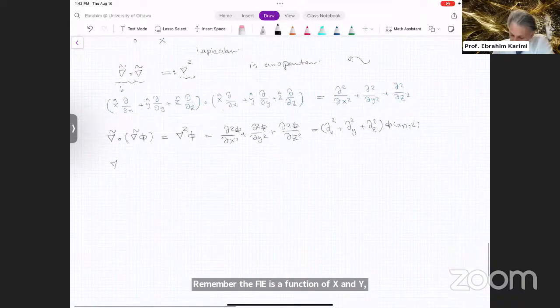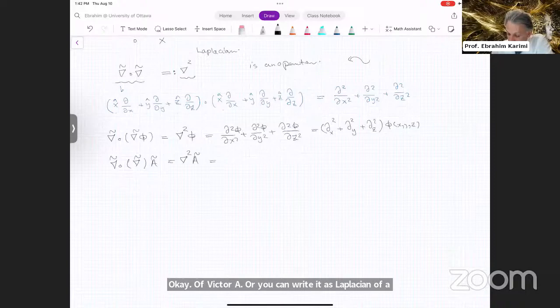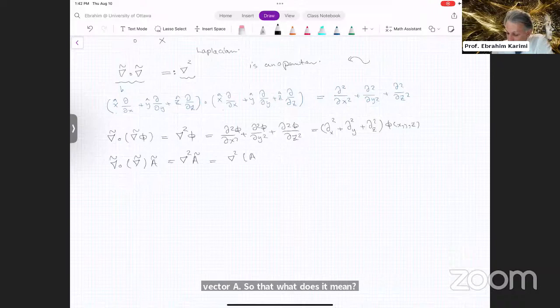Or maybe that is acting on a vector, okay, of vector A. Or you can write it as the Laplacian of a vector A. So what does it mean? Then you have the Laplacian acting on AX x hat, AY y hat, AZ z hat.